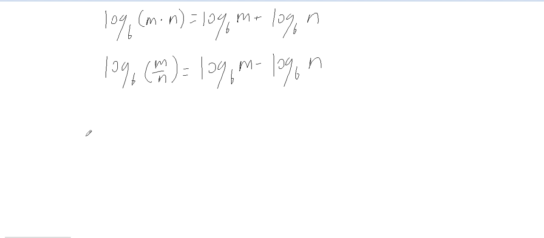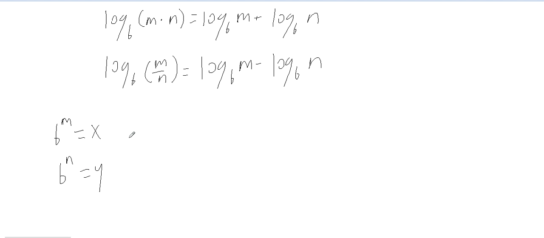So for this we're going to want to start with, let's do b to keep it consistent, b to the m equals x, and then b to the n equals y.